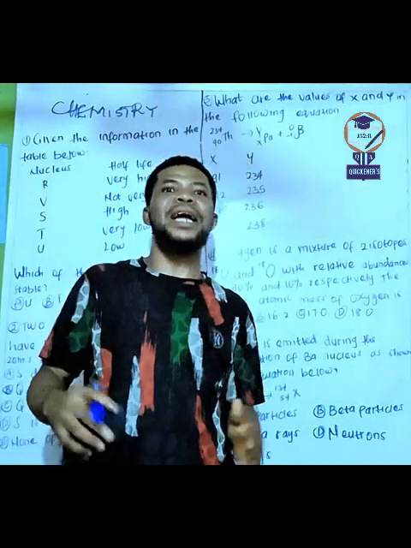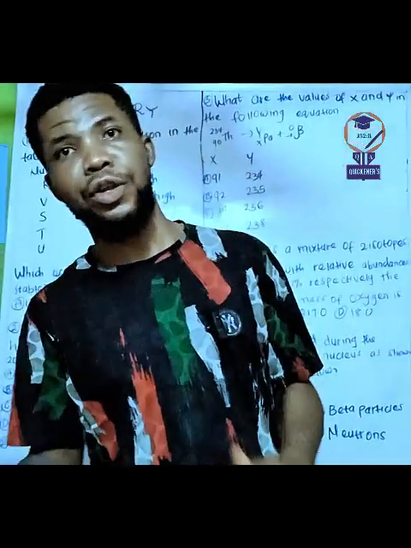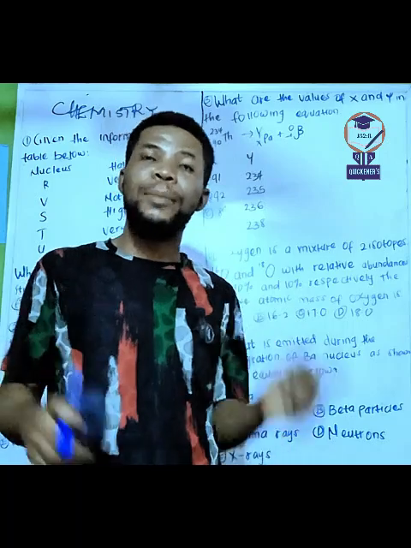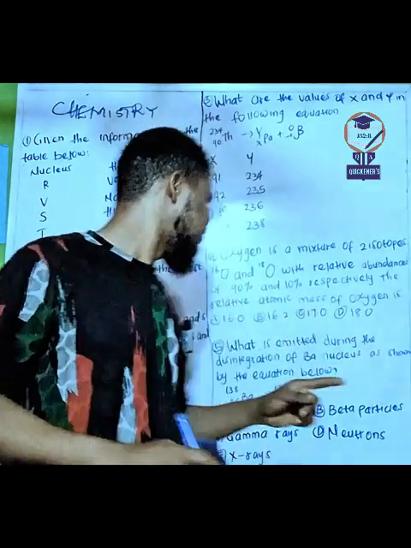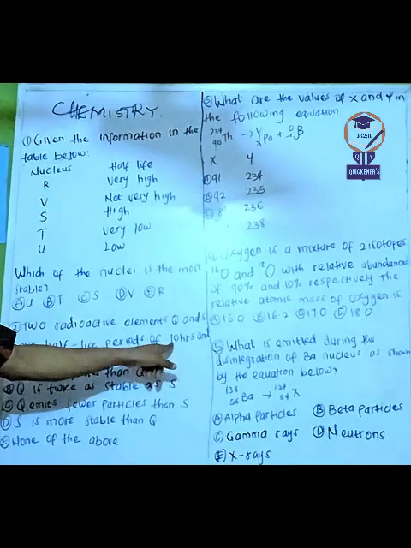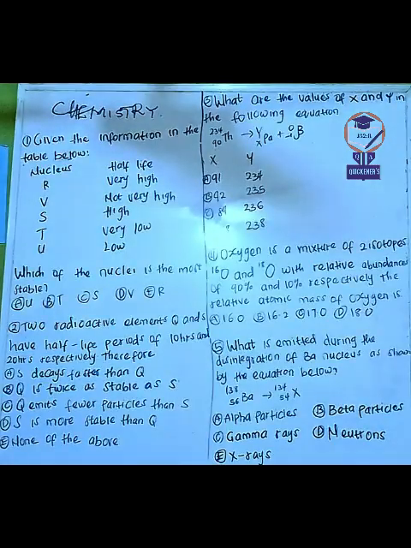For it to take a longer time to decompose, it means that it's more stable. The one that has the shorter time is not really stable. So the one that has 20 hours is twice as stable as the one that has 10 hours. So S is twice as stable as Q.